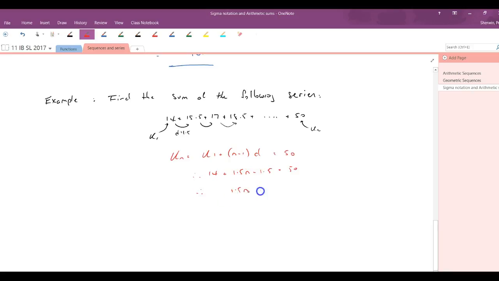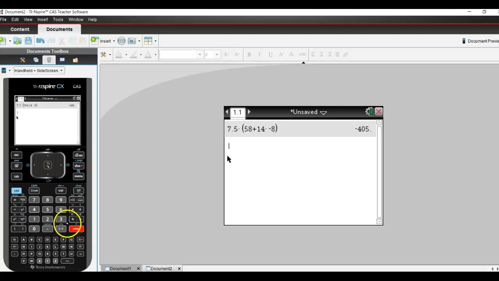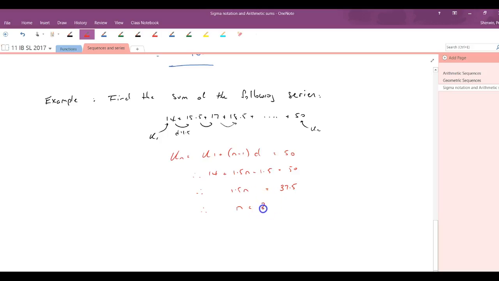So I've got 1.5n equals 50 plus 1.5, 51.5, minus 14 is 37.5. And therefore n is equal to 37.5 divided by 1.5, that's 25. So that means I've got 25 terms.